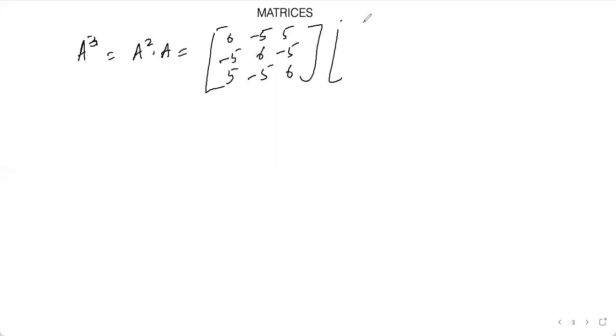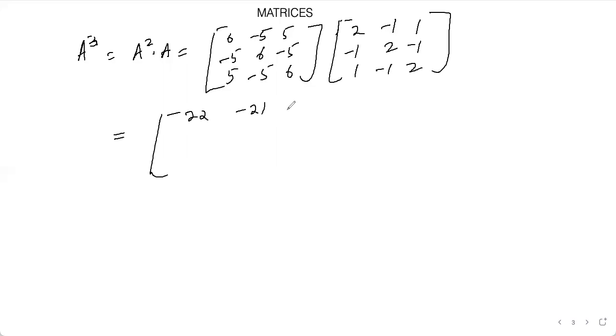This is multiplied into A, which is 2, minus 1, 1, and minus 1, 2, minus 1, 1, minus 1, 2, right? After multiplying it, we get 22, minus 21, 21, and again minus 21, 22, minus 21, minus 21, and 22.